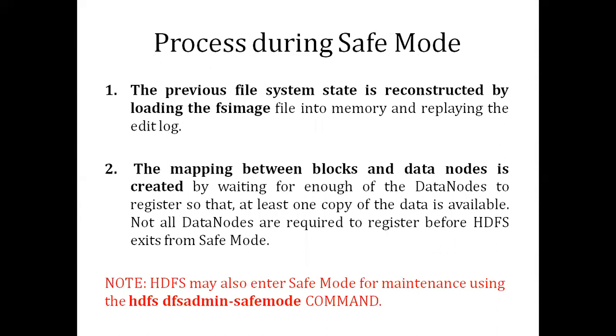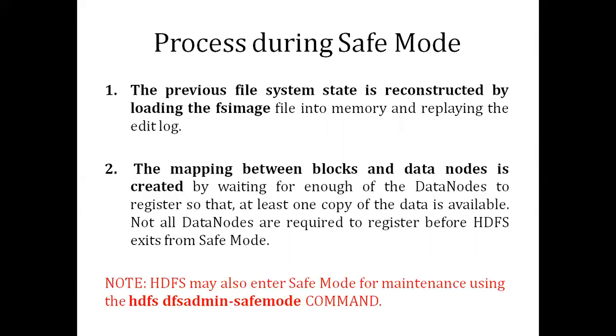Next, let us see the different tasks performed by the name node during safe mode. The name node performs two main functions. The first one is that the name node will fetch the FS image file from the hard disk, and this FS image file is compared with the edit log file, and these two are clubbed together.